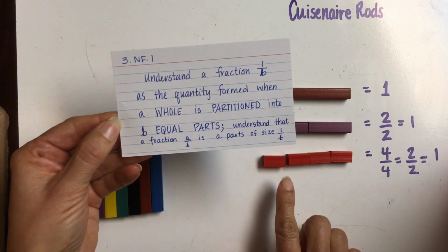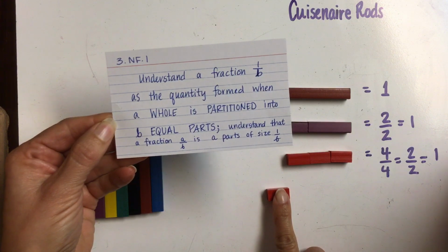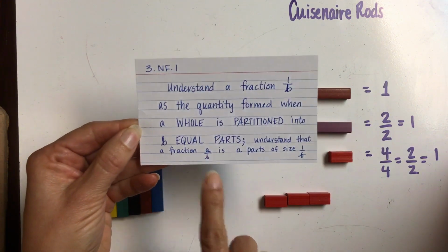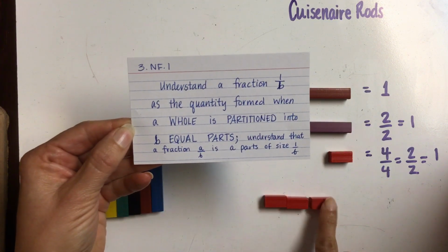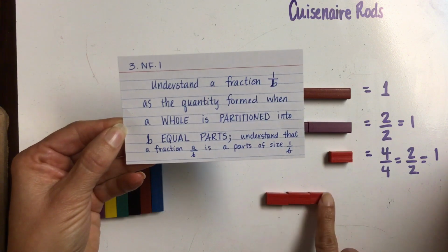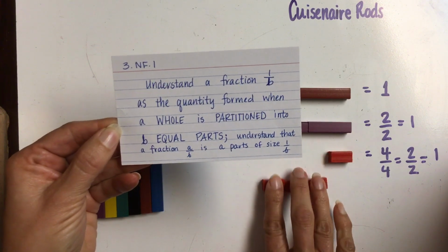So say I had 1/b, this is 1/4, but if I had 3/4, a over b, that's going to be 3 parts that are equal in measure, and that measure is 1/4. So now I have 3/4.